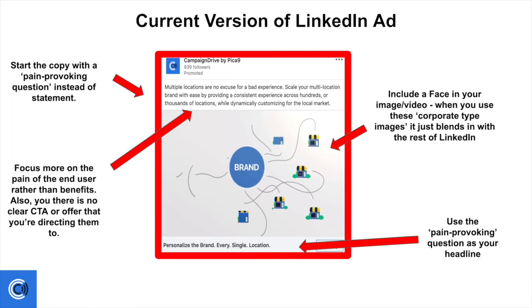What I would say with this copy is it's almost like you're diving into the solution that Campaign Drive offers without actually explaining or calling out the problem. This is something you see in a lot of campaigns, especially on websites as well.